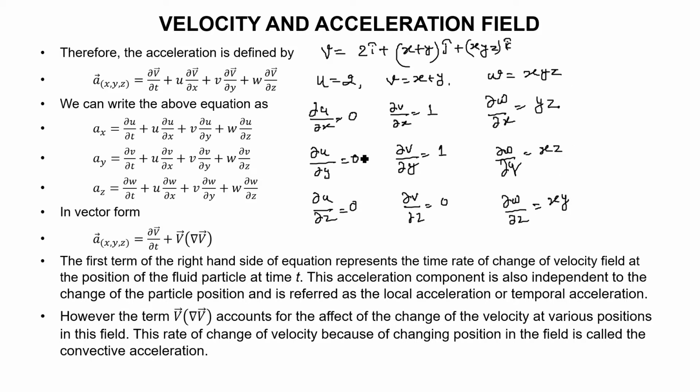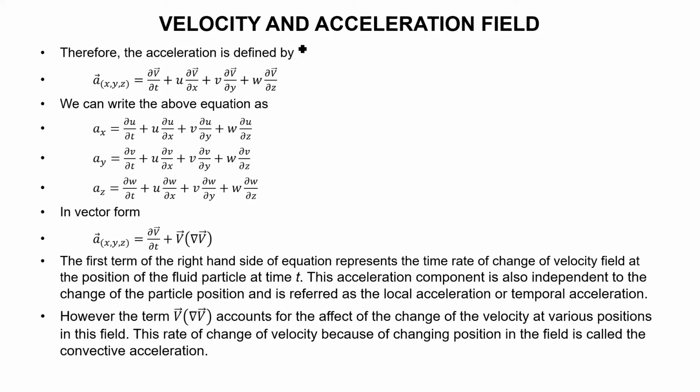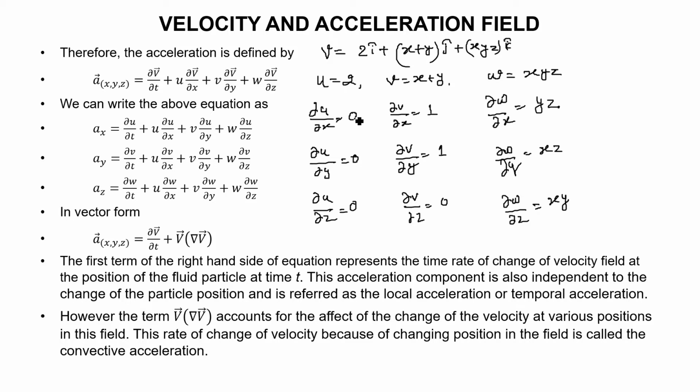Now, putting all these values in the equation, we will get ax, ay, az. So, ax = ∂u/∂t. Since u is independent of time, this term will be 0, plus u, which is 2, into ∂u/∂x, which we calculated as 0.